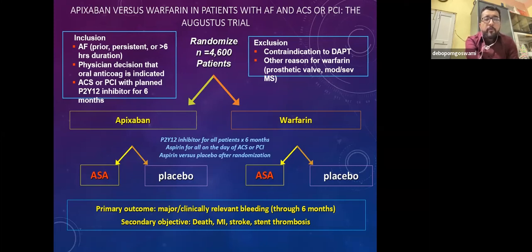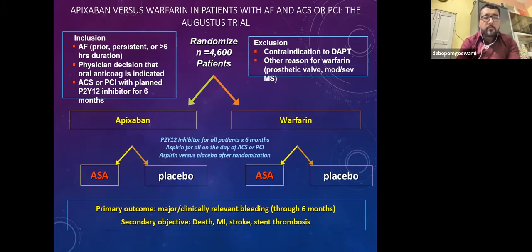There were around 4,600 patients who were randomized to receive apixaban or warfarin, and they were again randomized, so it was a 2x2 factorial design. Both were randomized to receive either aspirin or placebo. The primary outcome comprised major or clinically relevant bleeding, and secondary objectives were death, MI, stroke, or stent thrombosis. Coming to the results of the AUGUSTUS trial.